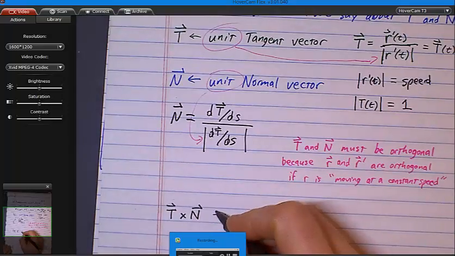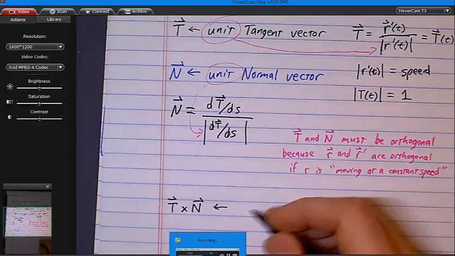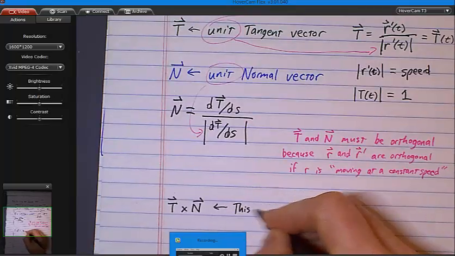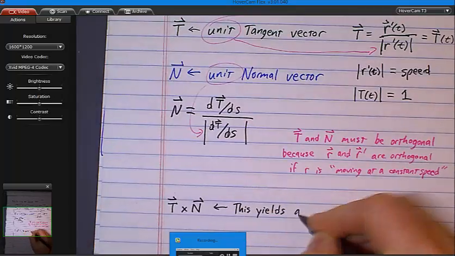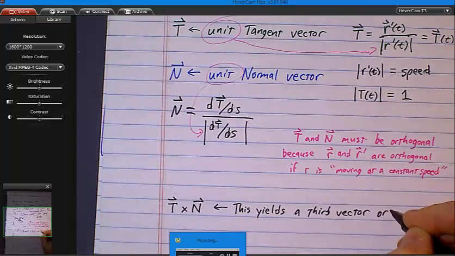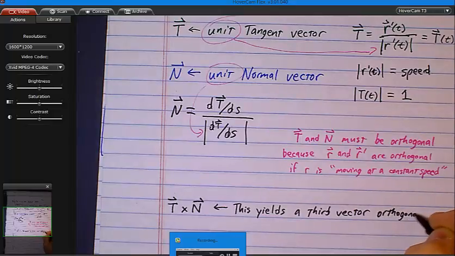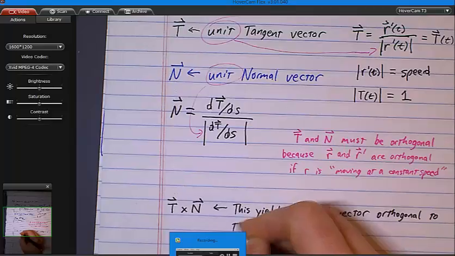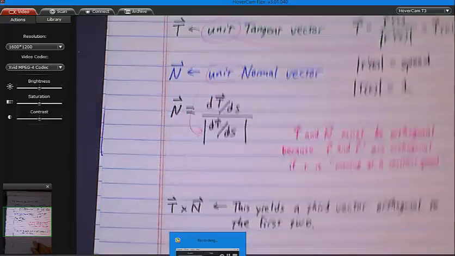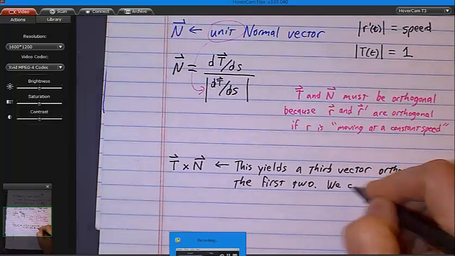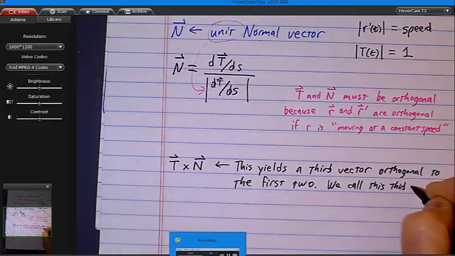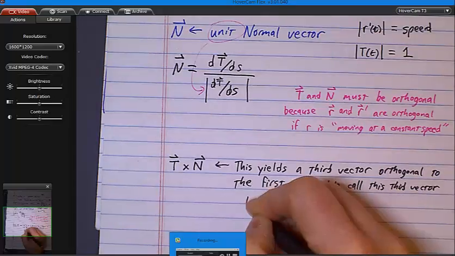Well, does this give me a vector or a scalar when I cross product 2 vectors? It gives me another vector, okay? So this yields a third vector orthogonal to the first 2. And we call this third vector the binormal vector.